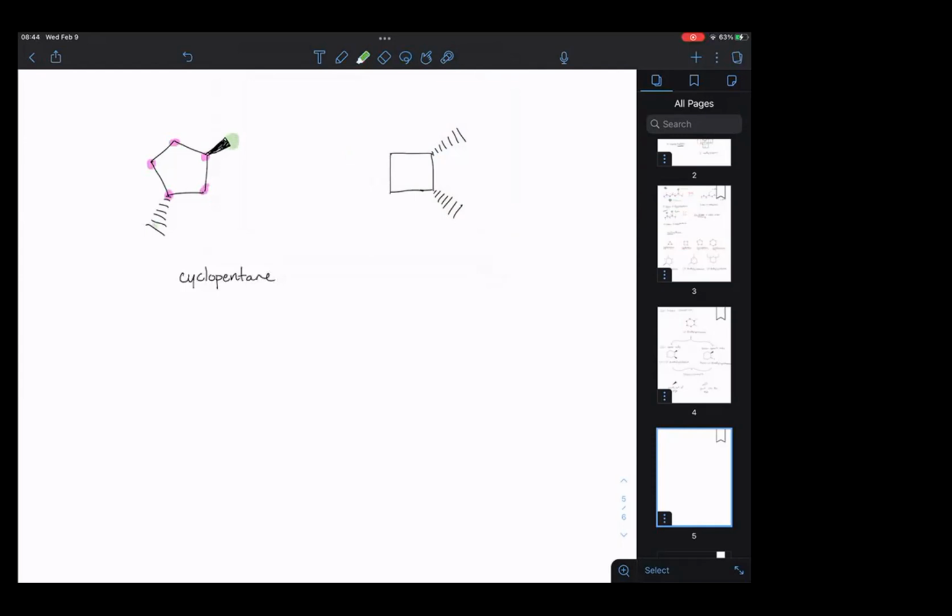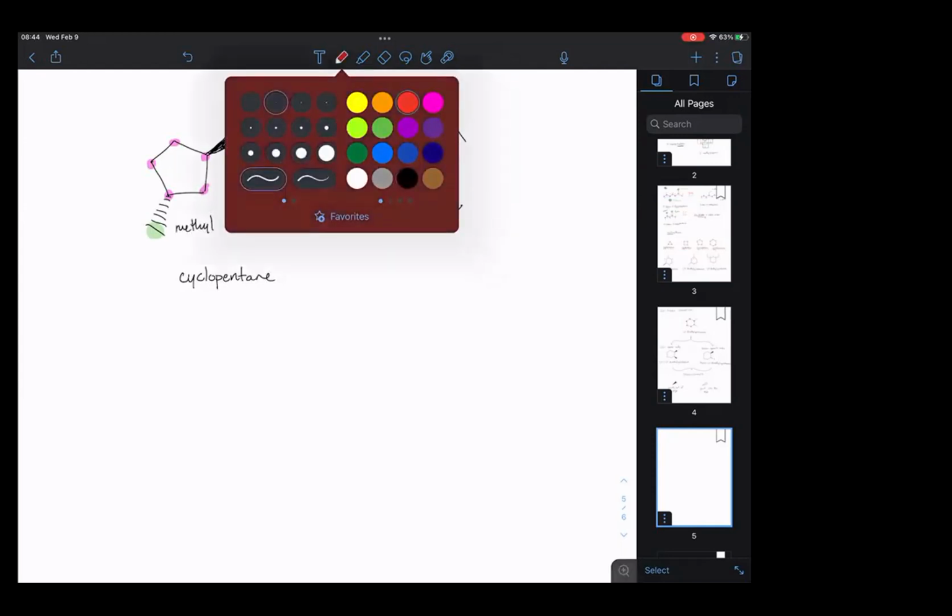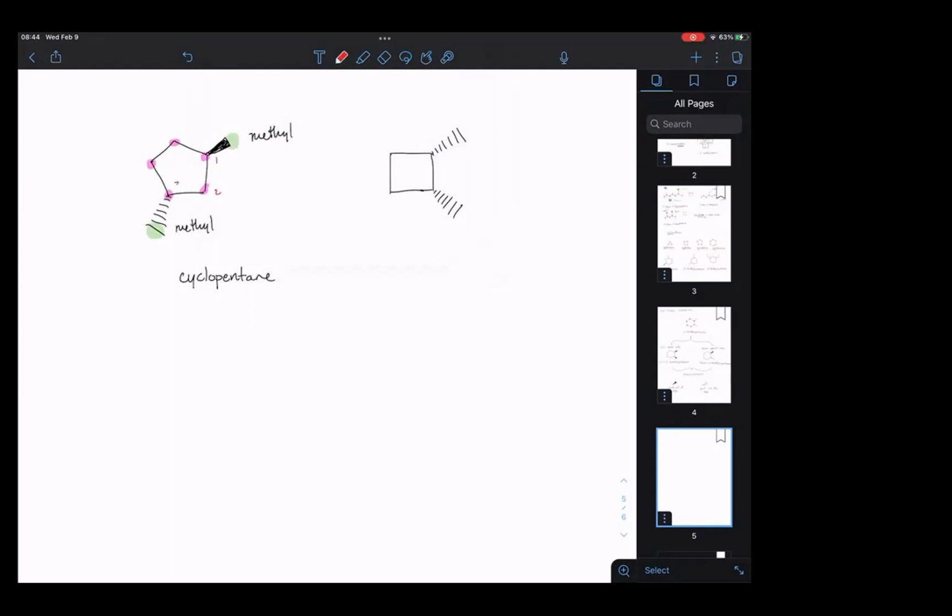I'm going to identify my substituents. I have 2 methyl groups here, and they're located 1, 2, 3 carbons apart. I can just double check that that's indeed the nomenclature scheme I want by going the other direction as well.